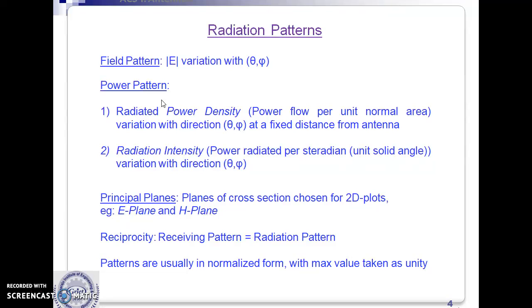we use power pattern. So we define a parameter called radiated power density, the amount of power which is flowing per unit normal area away from the antenna, and we assess in 3 dimensions how it varies as theta and phi vary.